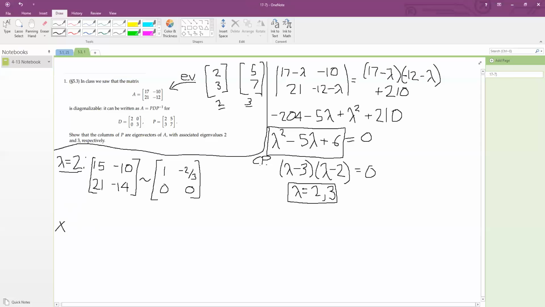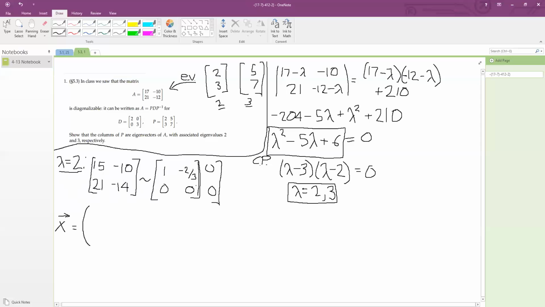Oh, I should mention this is augmented with 0, 0, if you wanted to think of that. So we're actually solving not just A minus lambda I, but A minus lambda I times x equals 0. We're solving an equation here.